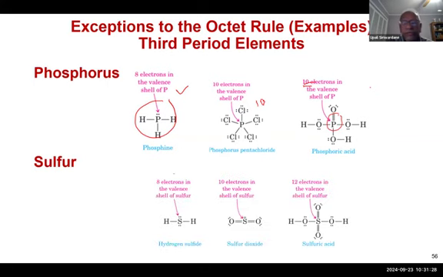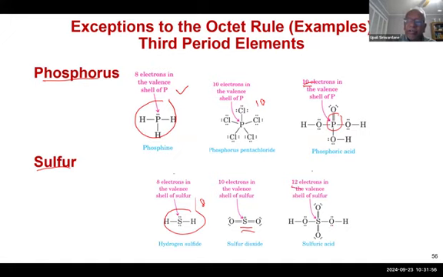Sulfur is also a third period element. This is the normal form where the octet is there. But this one got 10, and this one got 12.